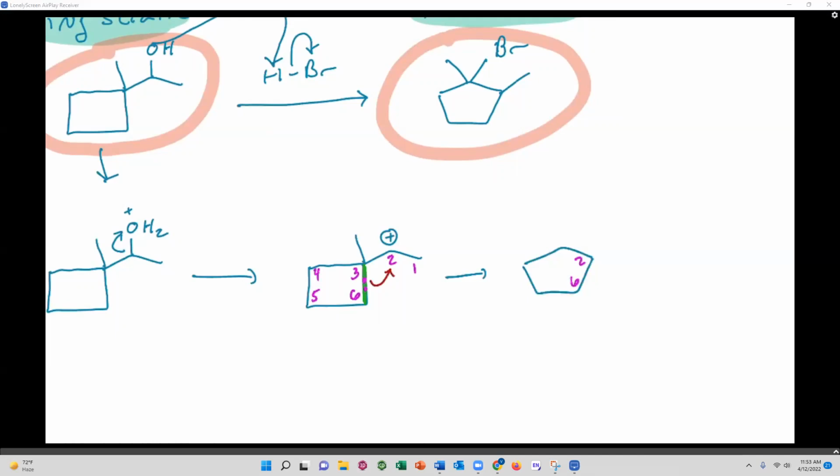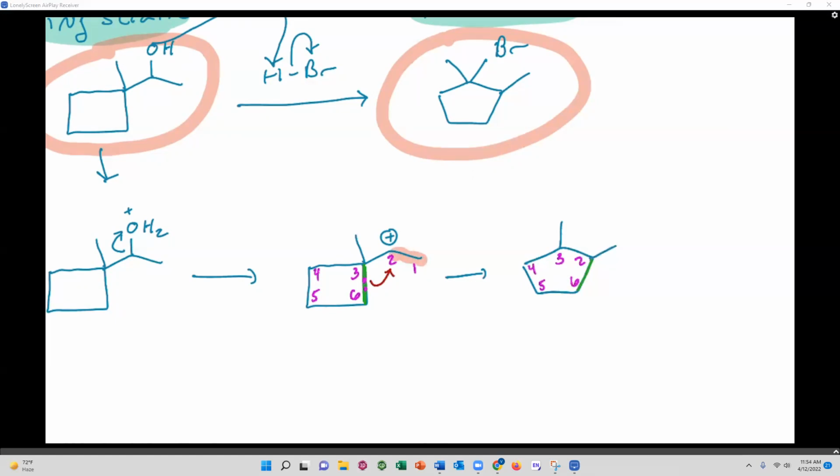So this right here represents my new bond. Then I'm going to number going backwards: 6, 5, 4, 3. Now on carbon 3, I had a methyl group. On carbon 2, I also have this methyl group coming off, so I'm going to put that there.